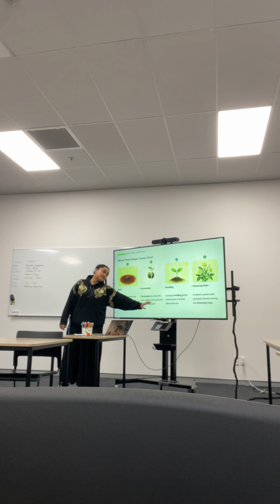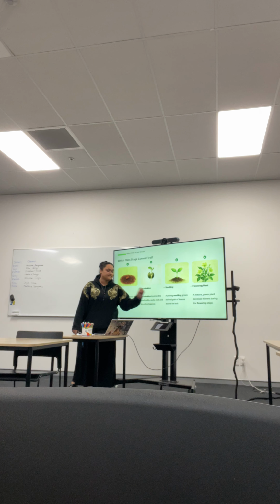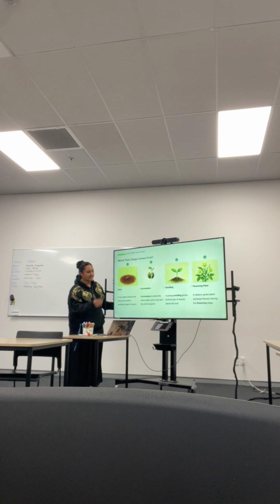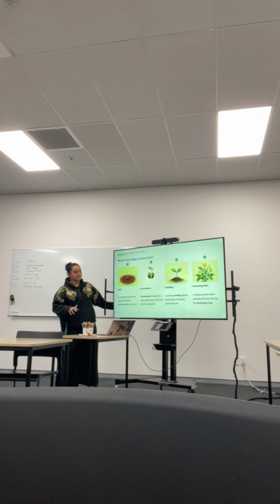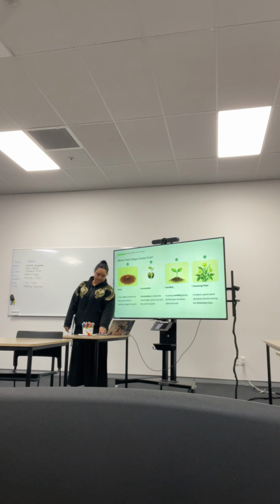Germination is when the seed splits and a root and tiny shoot appear. Seedling: a young seedling grows its first pair of leaves above the soil. And then flowering plant: a mature green plant develops flowers during the flowering stage. And then we're going to create our own plant life cycle.